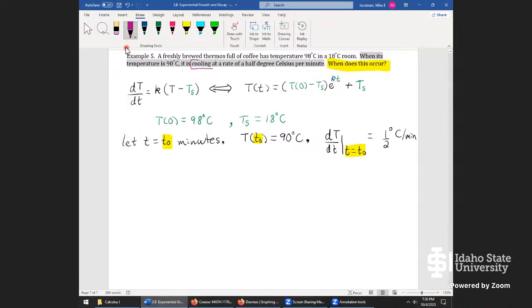When it says cooling at a rate of a half a degree Celsius per minute, it implies the derivative is negative. So watch out for those. I really kind of hate that, but it's just a side effect of putting this in ordinary words: you'd replace the negative with a word like cooling. I think that's an adverb. Let me know if that's wrong.